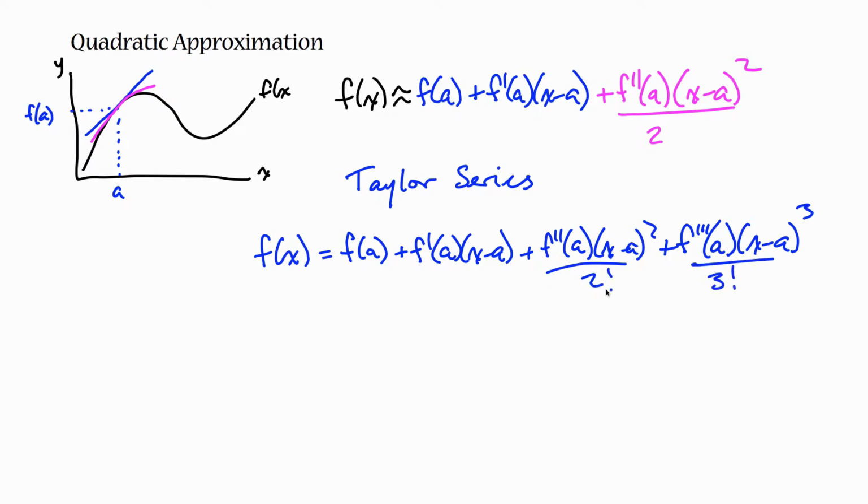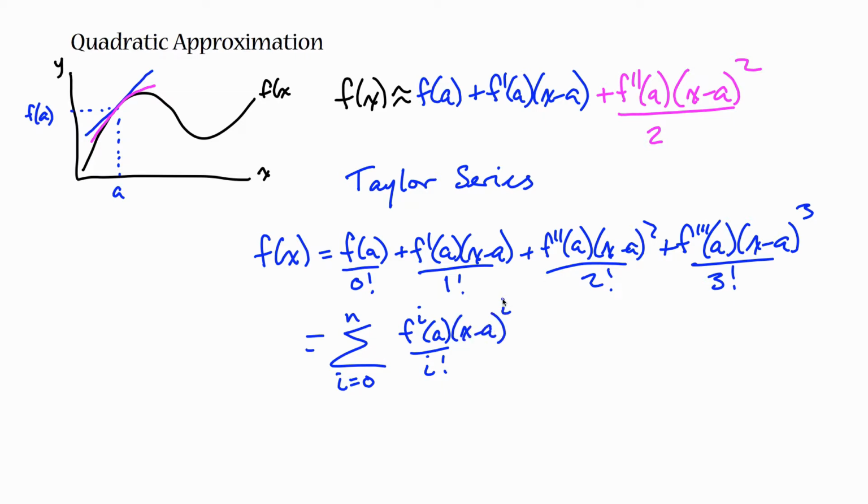This is actually a factorial, and there's a 1 factorial, and there's a 0 factorial, which is the sum from i equals 0 to whenever of the ith derivative at a over i factorial times x minus a to the i.